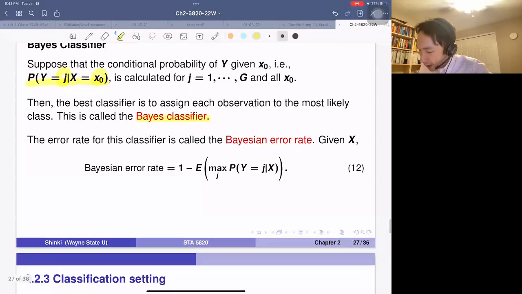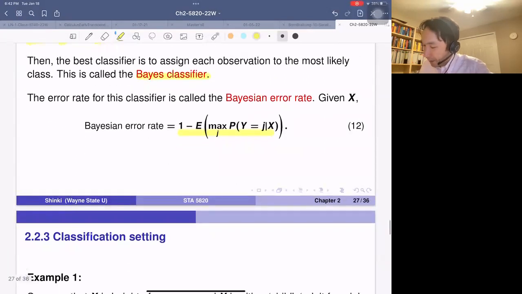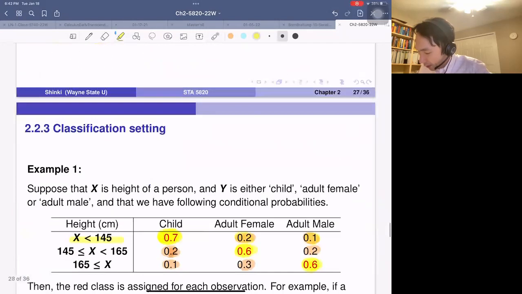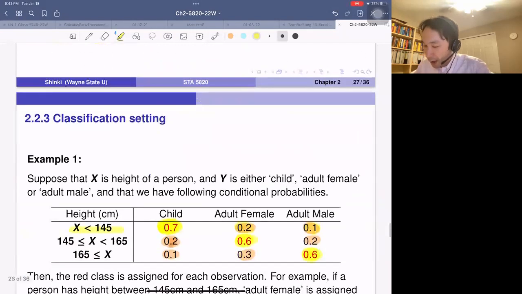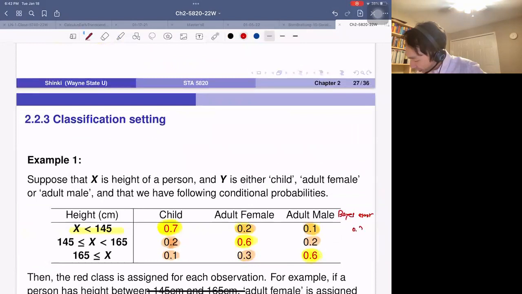And the Bayes error rate is calculated by 1 minus the probability of the chosen case. So the Bayes error rate is 0.3 for the first observation.